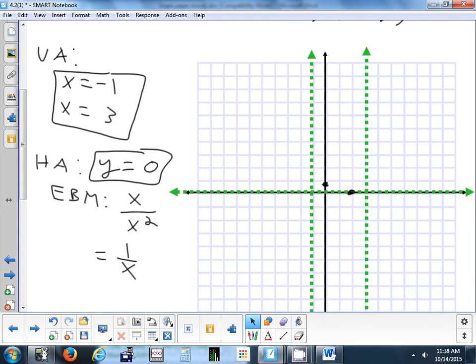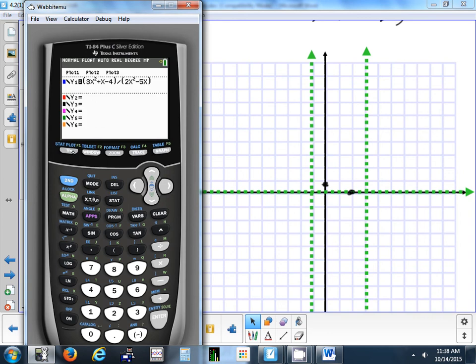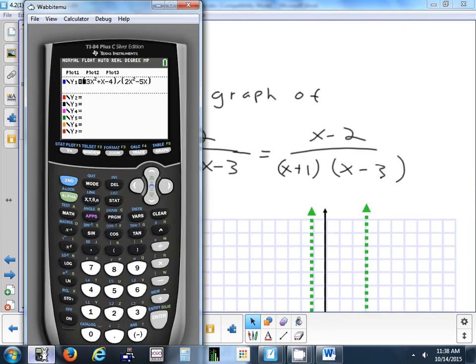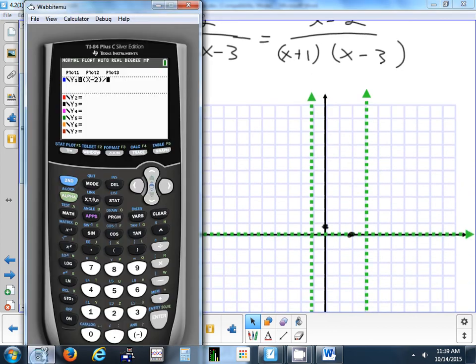All right, last thing I need to do is investigate the behavior on each side of the asymptote. So I'll type in my function, x minus 2 divided by x squared minus 2x minus 3.